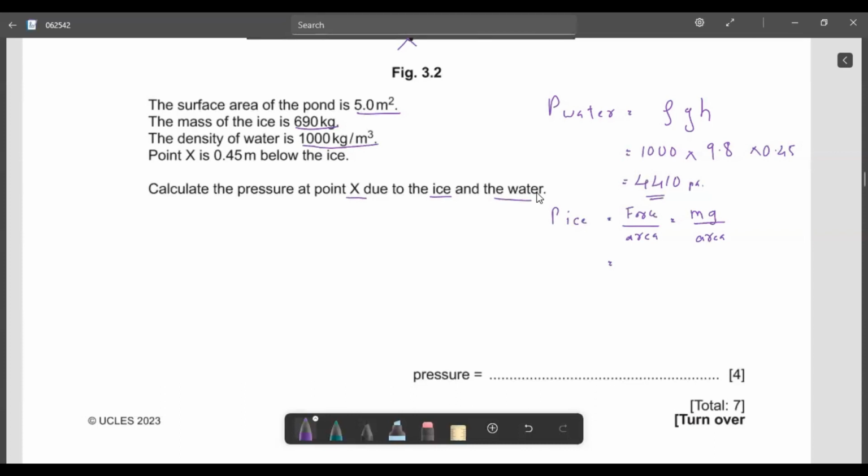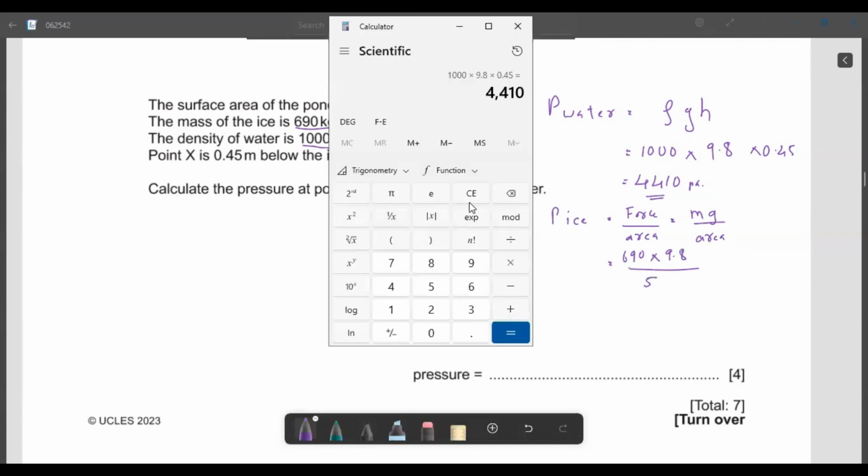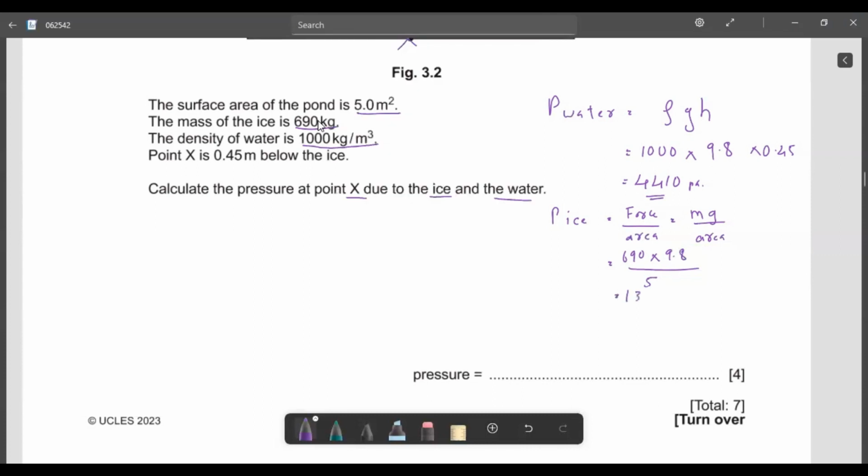Mass is given as 690 kilogram into gravity 9.8 by area, which is given as the surface area of the pond, 5 meters squared. So 690 into 9.8 divided by 5. That is 1352.4.